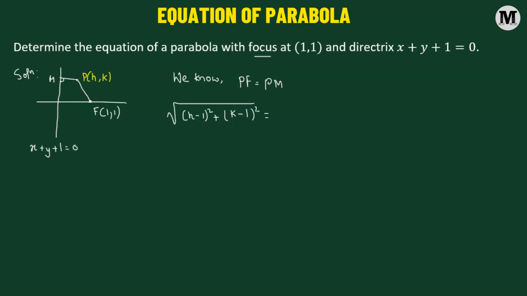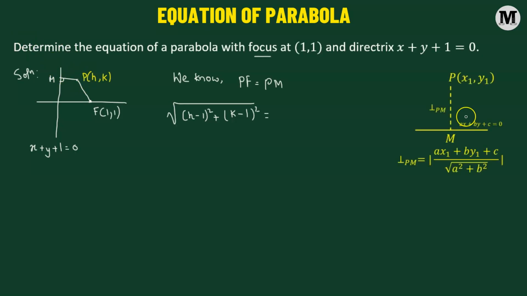We have a formula for obtaining the perpendicular distance of a point from a straight line. So let's quickly go through the formula that we'll be using in this case. Let's say we have a point P with the coordinates (x1, y1). And then we have a straight line with the equation ax + by + c = 0. Now if we drop a perpendicular from this point P on the straight line, let's say it meets at the point M, then the perpendicular distance PM will be given by the absolute value of (ax1 + by1 + c) divided by the square root of (a squared + b squared).